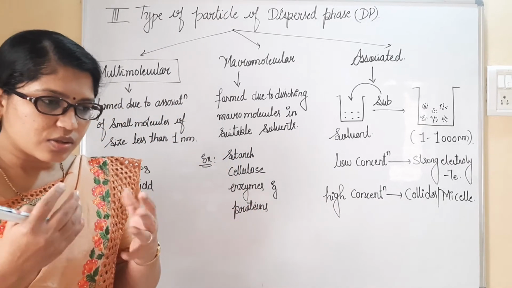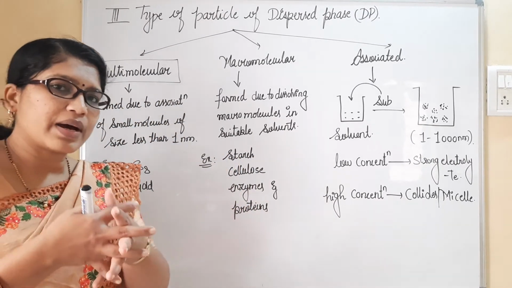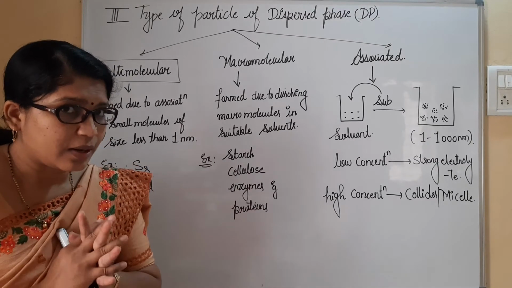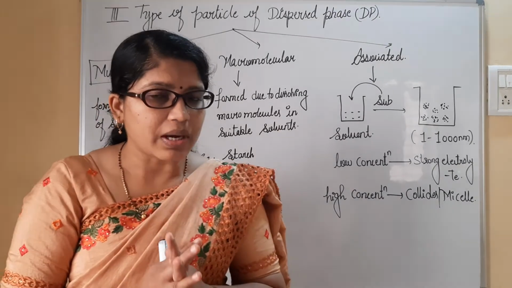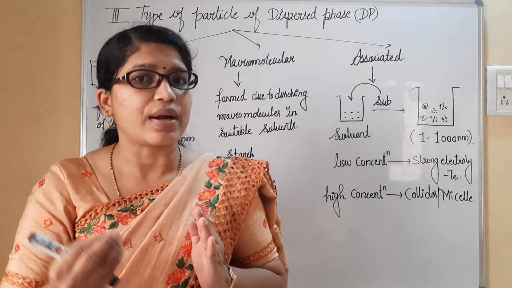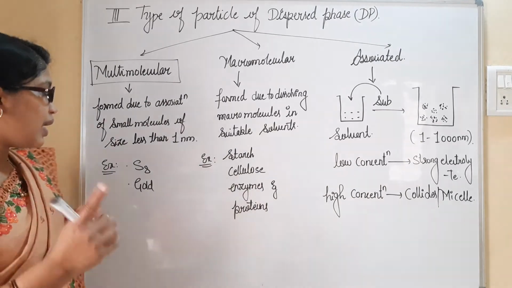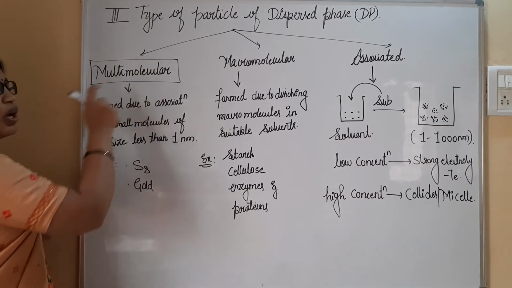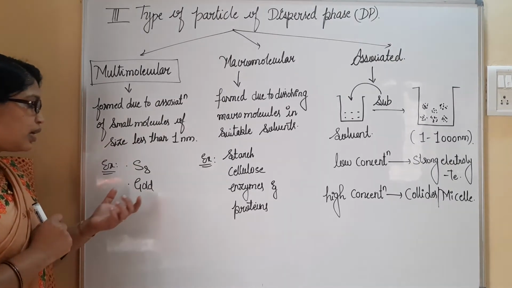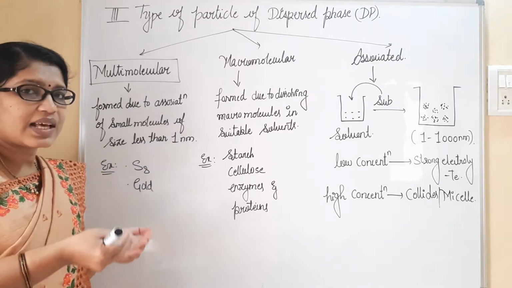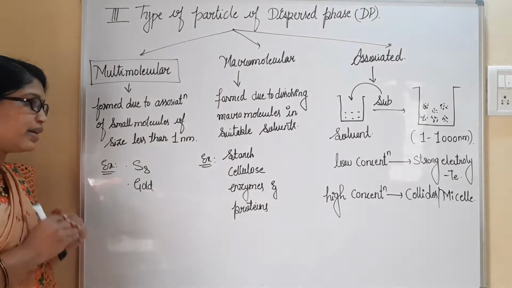Small molecules will combine with each other, and those combining molecules will have size less than that of the colloids, that is less than 1 nanometer. They are called multimolecular type of colloids. Here combining molecules will have size less than that of colloid size.